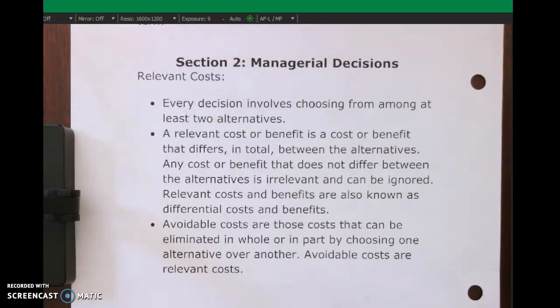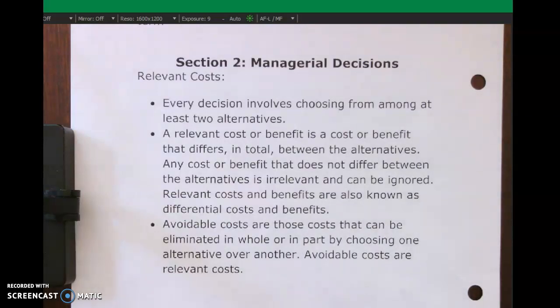The price of the ticket after you've paid for it and you can't get a refund is no longer relevant because it doesn't differ between the two alternatives of staying in the movie and leaving the movie. So to recap, if we have a cost or benefit that does not differ between two alternatives, it's not relevant. If it differs, then it becomes relevant.